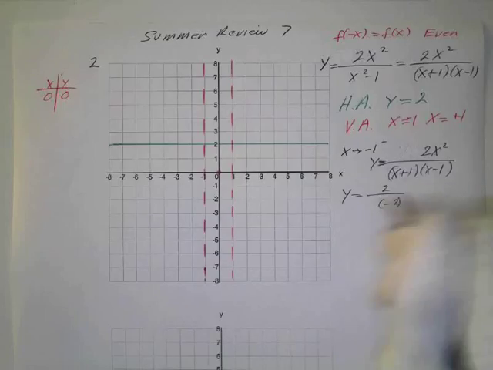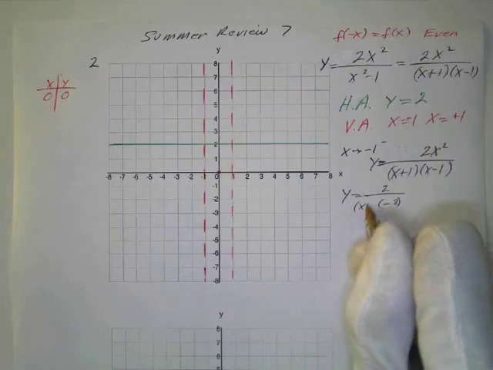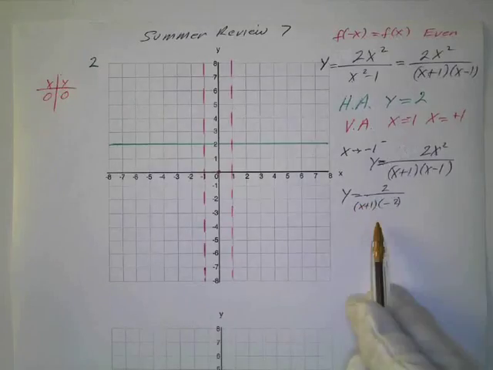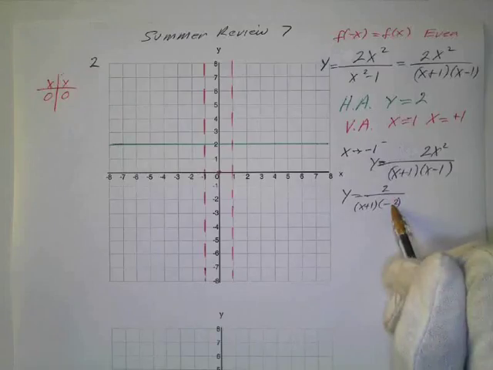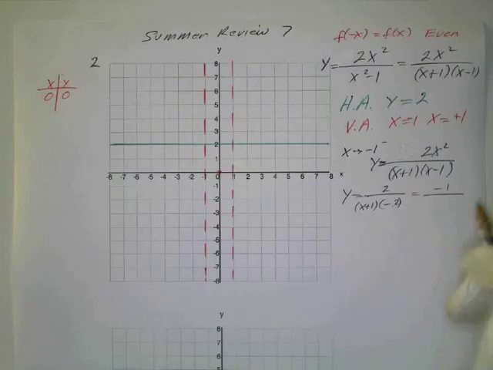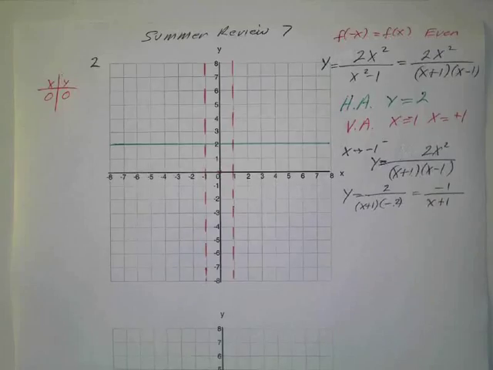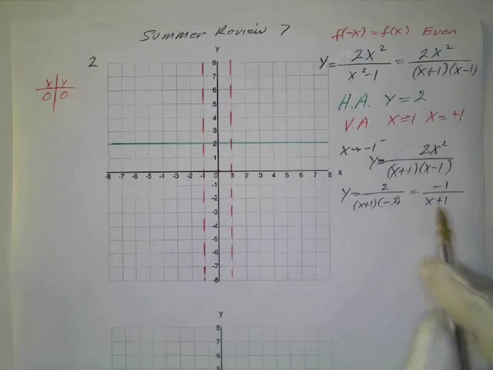But if I put negative 1 in here, I got problems, so I have to keep that. That's where I have issues. And this just becomes 2 over negative 2, which is just going to be negative 1. So I got negative 1 on the top, and I got x plus 1 on the bottom here. So this is kind of how it behaves around negative 1, except this is going to be a problem.